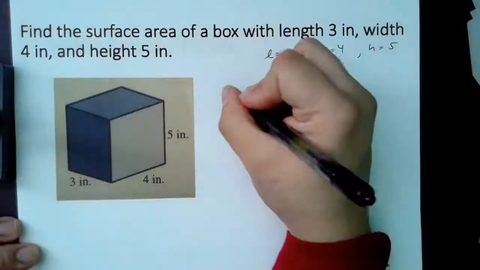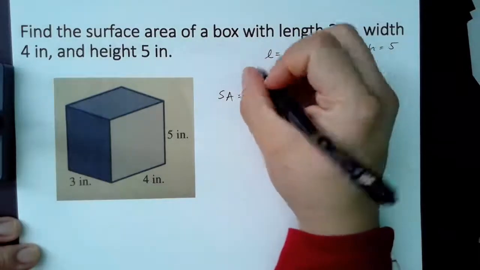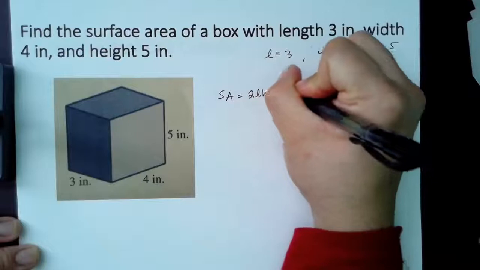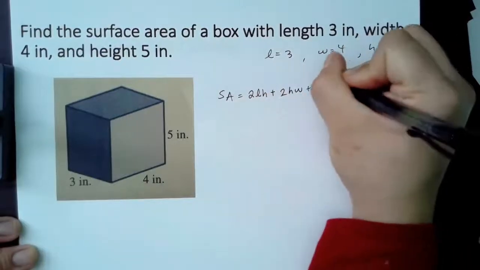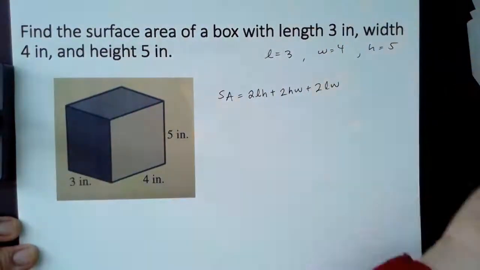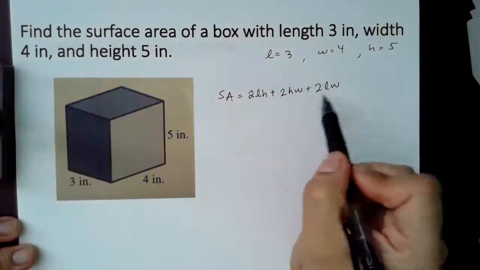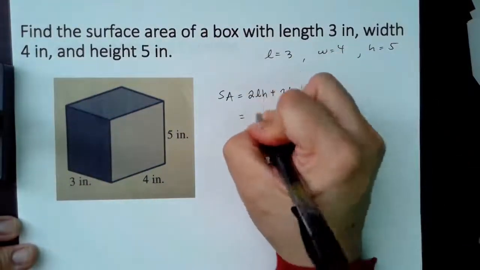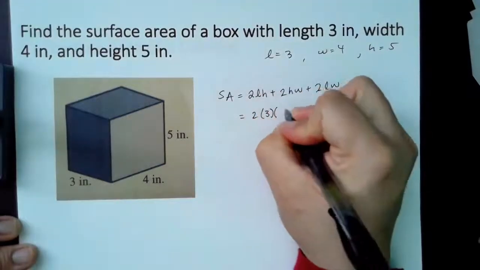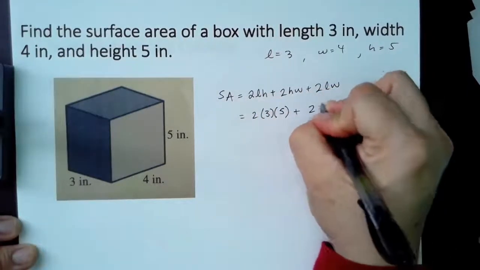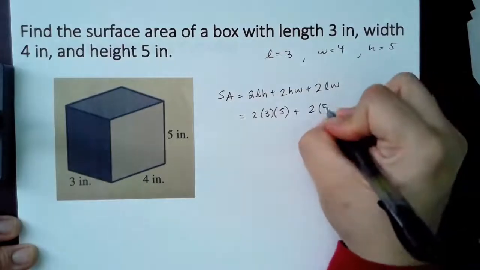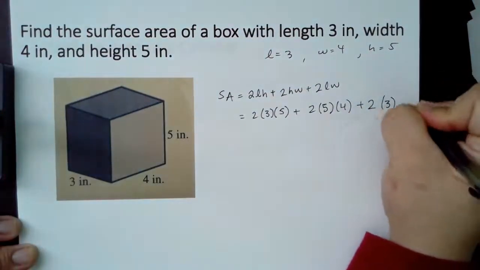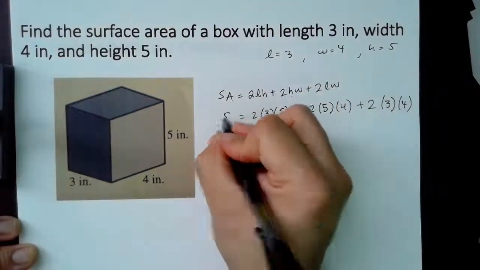The surface area, SA, is 2LH plus 2HW plus 2LW. Now that we know why it is, we just plug everything in. That's 2 times 3 times 5, plus 2 times H is 5 times W is 4, plus 2 times L is 3 times W is 4. That's going to be our total surface area.